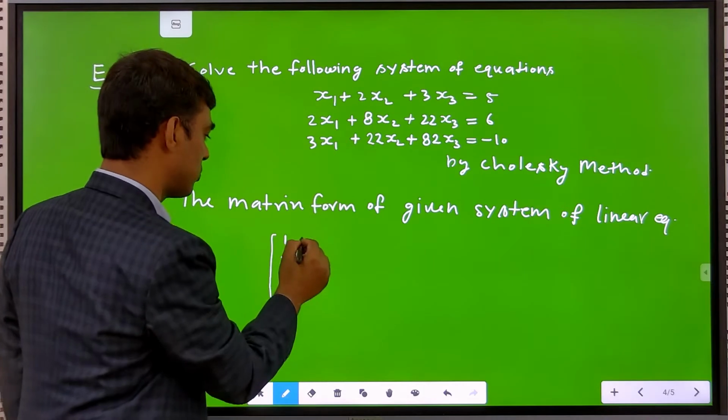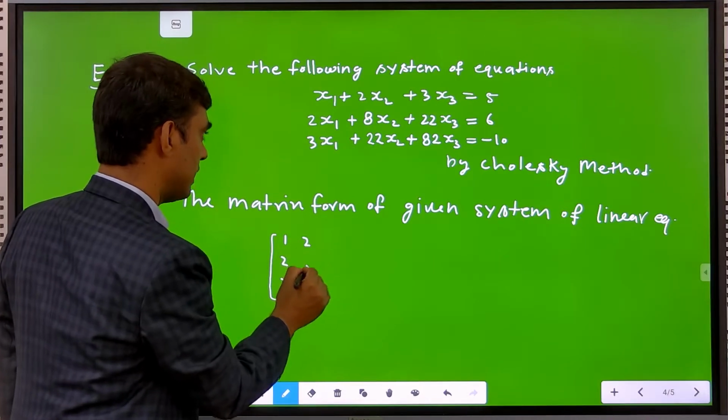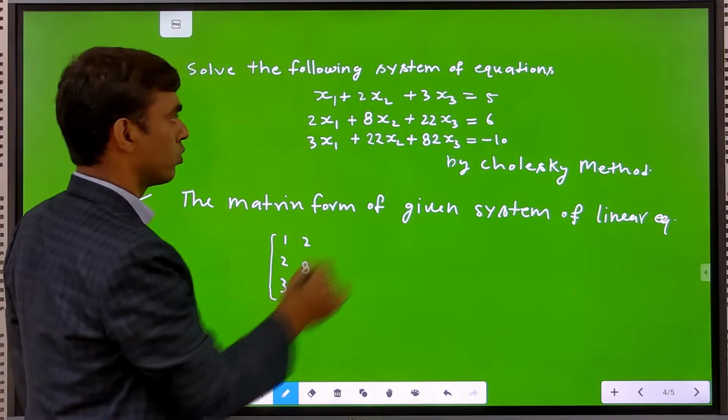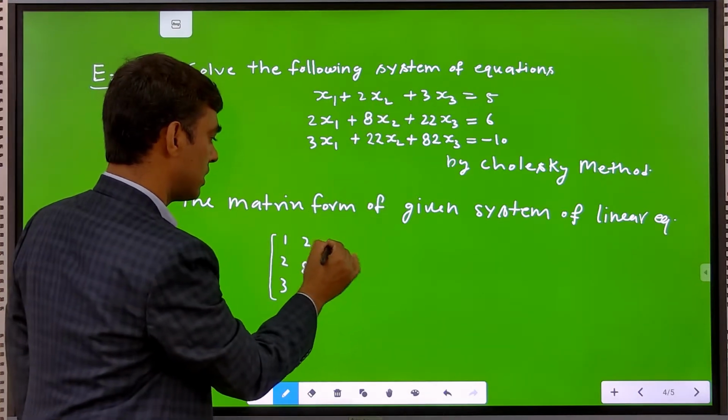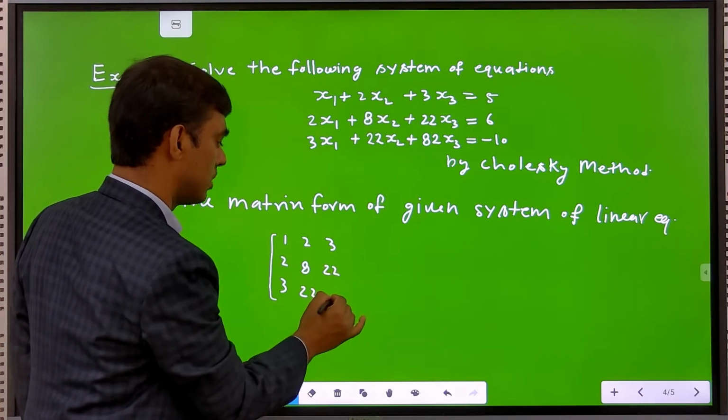The coefficients of x2 are 2, 8, 22. The coefficients of x3 are 3, 22 and 82.